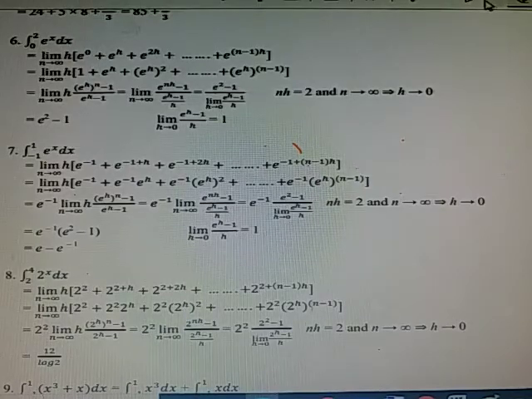This is the same. This is e to the power x, where a is 0 here. Here a is minus 1.